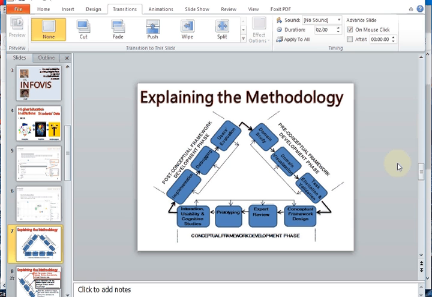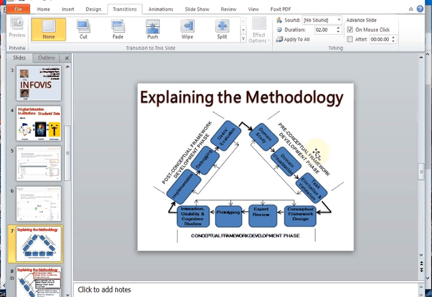The methodology is a three-phased methodology. We have the pre-conceptual framework development phase, the conceptual framework development phase, and the post-conceptual framework development phase.